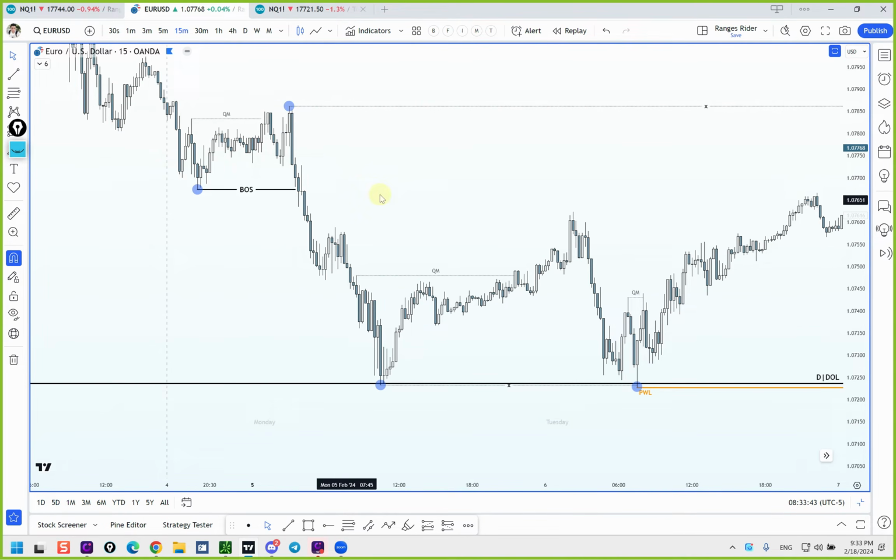Now we are looking for the market to take the internal range liquidity, and then the external range liquidity. This was the internal range liquidity, by the way. The market took the internal range liquidity, and above this we have only this high.